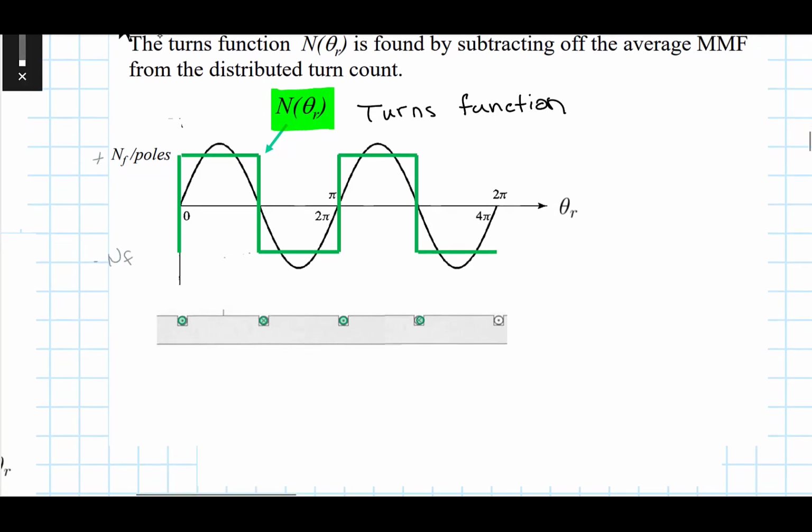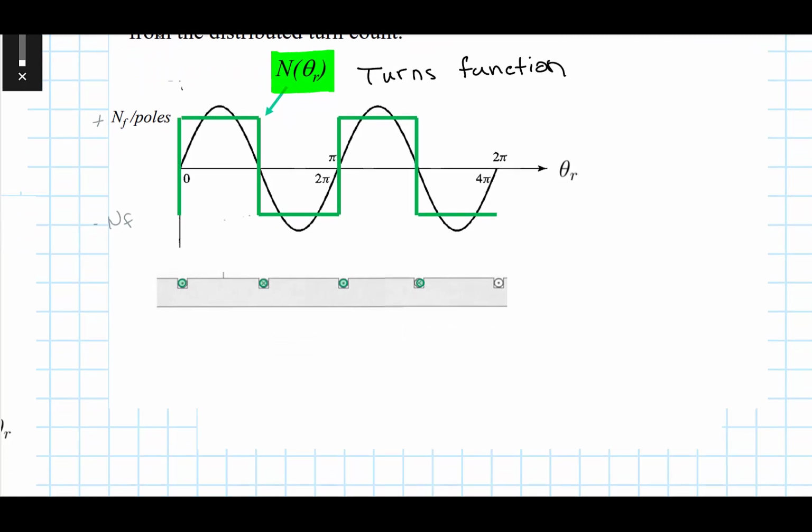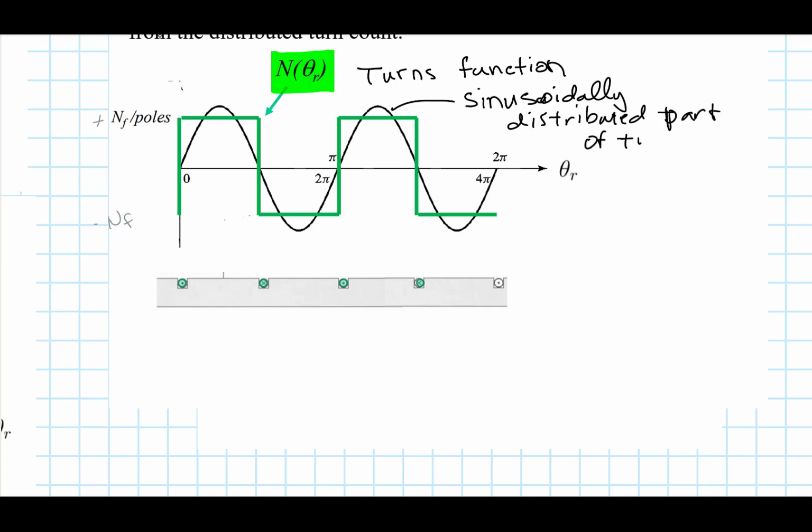Now, with the synchronous machine, what we're really interested in is the effective sinusoidal distribution of the MMF. So this is what I'm going to call the sinusoidally distributed part of the turns function.